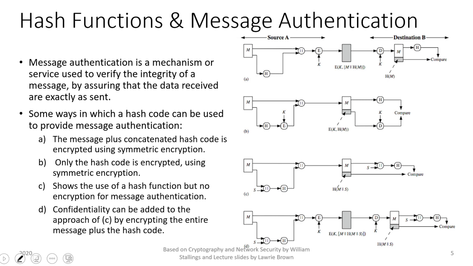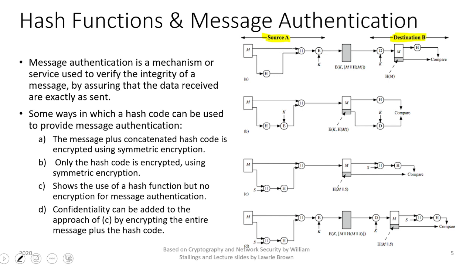Say we will start with the example where we are sending something from A to B. So the starting point, the source is A, the destination is B. So what we do in message authentication is verifying that the message was sent by the party that they claim to be. Say, for example, if B is receiving from A, we want to make sure that it is actually received from A. The sender is actually A.